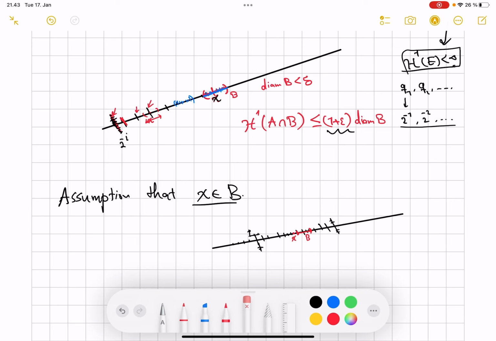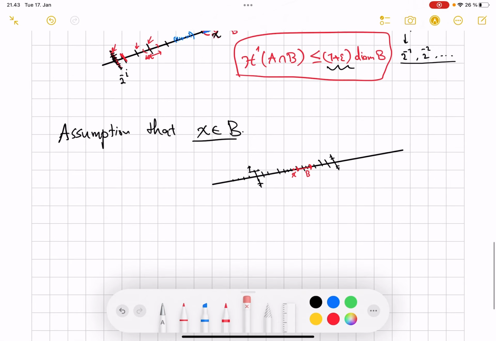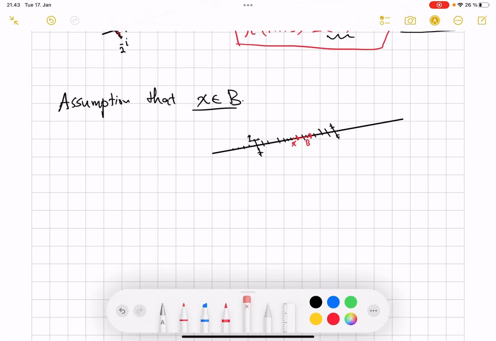Then does this inequality hold still, if you allow X not to be inside B? The answer is no, and the way to do that is as follows. I have to zoom out my picture a little bit. You have your point X. You want to prove that something is true for a delta neighborhood of X, and for all balls smaller than delta radius.